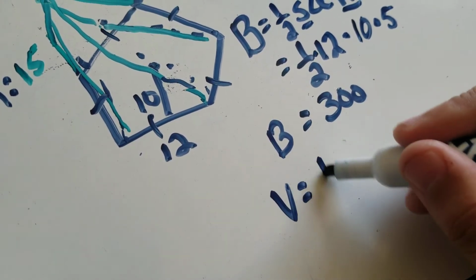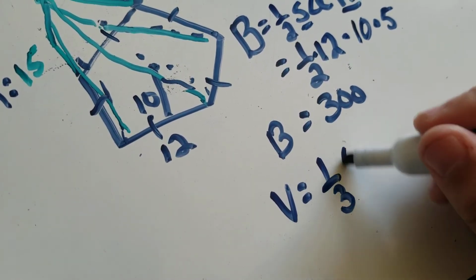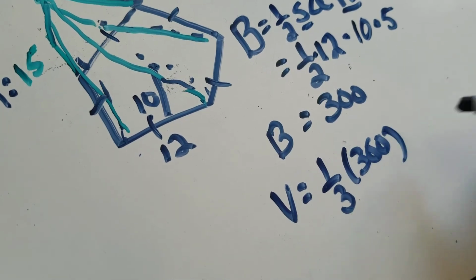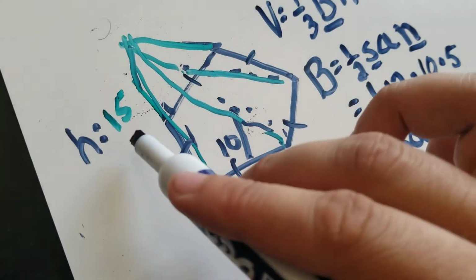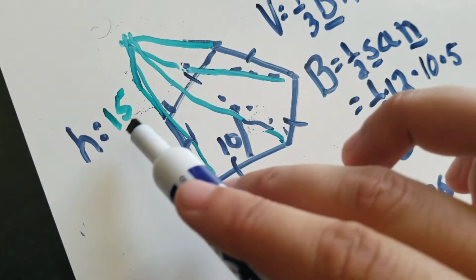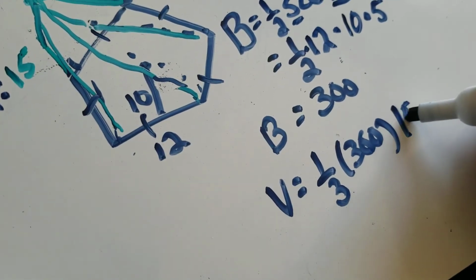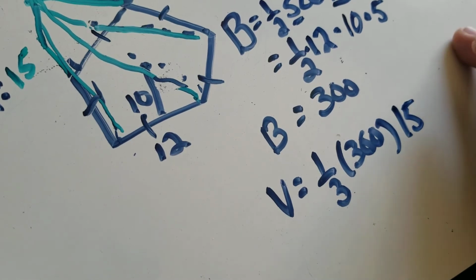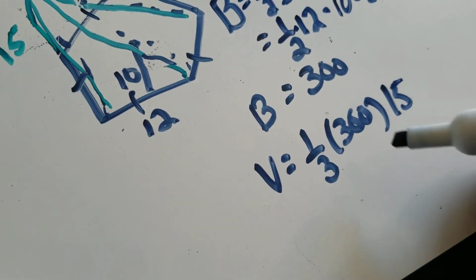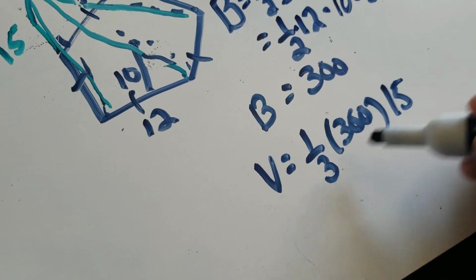So let's go. Volume equals 1/3 times 300 times that 3D height. I drew it to the side because it would be too hard to draw in the picture, but the H is 15 in this case. You would type that in the calculator too. Again, you could also do 300 times 15, then divide by 3.